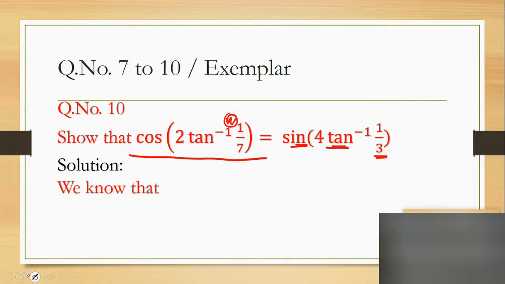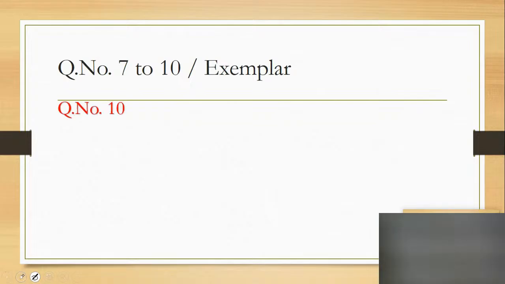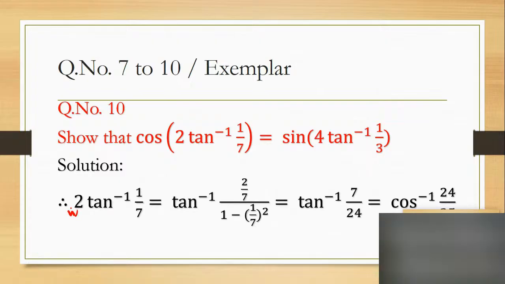Here we know that, we recall this formula, 2 tan inverse x equal to tan inverse 2x by 1 minus x square. So 2 tan inverse 1 by 7 equal to tan inverse 2 by 7 by 1 minus 1 by 49.